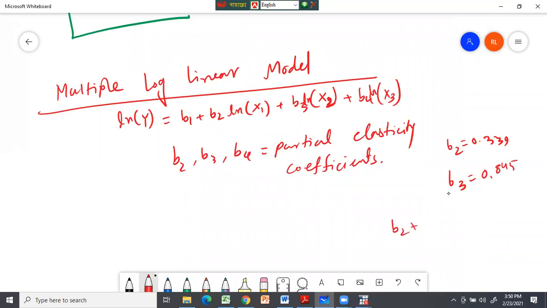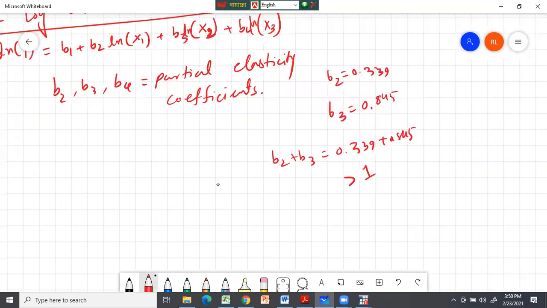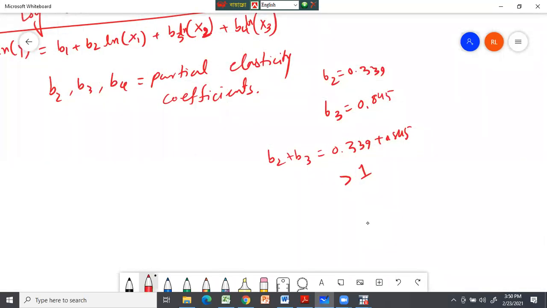If you add these two coefficient values, 0.339 plus 0.845, the sum is greater than 1. This greater than 1 has an implication.